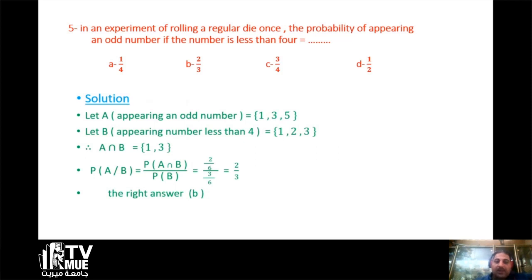The next: a variable mean equals 150 and its coefficient of variation equals 2.5%. Then the variance of the random variable in this problem: we write the rule of the coefficient of variation equals sigma over mu times 100%, where sigma is the standard deviation and mu is the mean. We substitute by the given coefficient 2.5.